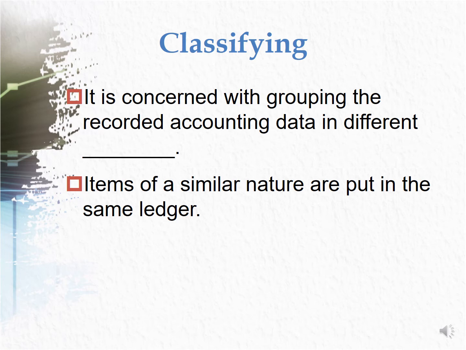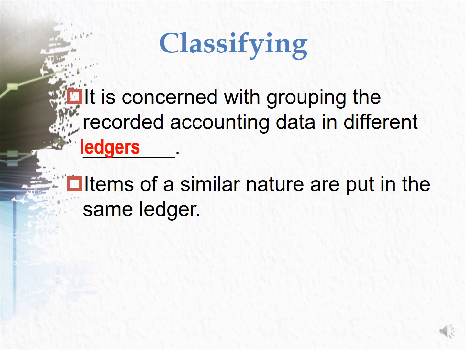Classifying is concerned with grouping the recorded accounting data in different ledgers. What is a ledger? Ledger means the accounting book. Similar items are put in the same ledger. Let me tell you more. When we have a lot of sales transactions, we put them in the same ledger, the sales ledger.